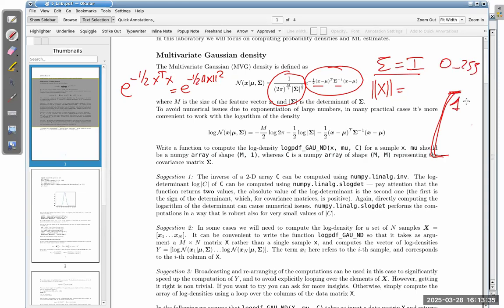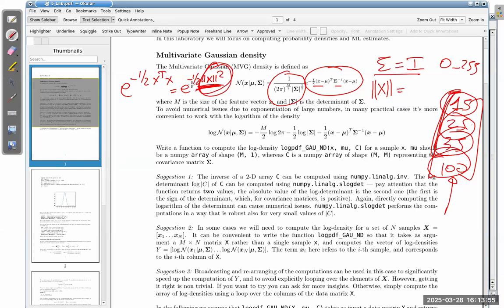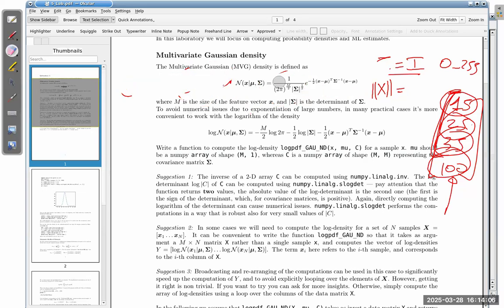Otherwise, it doesn't work. So I have pixel intensities that are integers. It's the exponential of minus 1/2 the square norm of x. But the square norm of x is the sum of the squares of these values, so it will be a very large value. If the square norm of x is large, exponential of minus 1/2 the square norm of x will quickly go towards 0. So I will end up again with issues where I underflow my computations.